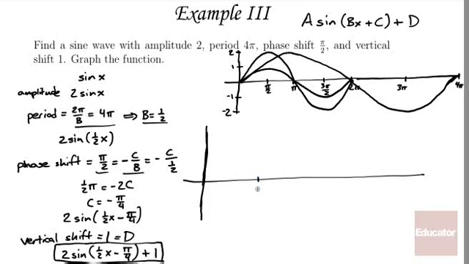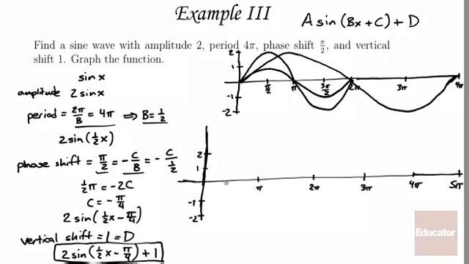So I've got pi, 2 pi, 3 pi, and 4 pi, 5 pi. And what I want to do is take the graph that I had above and move it pi over 2 units to the right, because we have phase shift pi over 2.